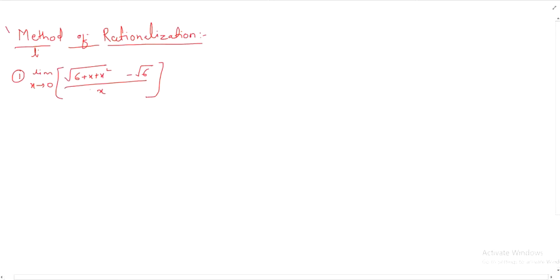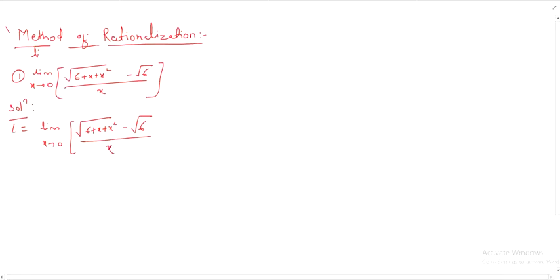So let us see how to remove it. We have to remove it by using rationalization. Let L be the solution, the limit as x tends to 0 of under root 6 plus x square minus under root 6 upon x.